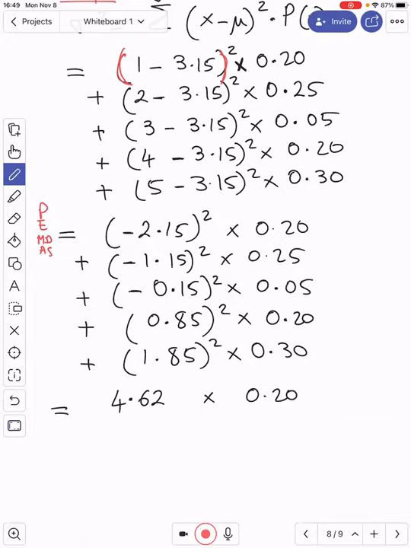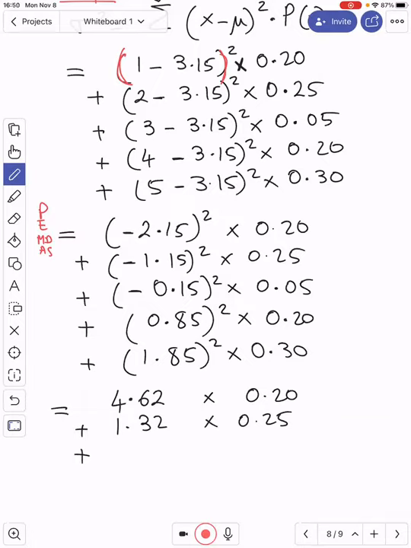It's positive, of course, positive 4.62 plus, and then this negative 1.15 squared, of course, that'll be equal to positive 1.32, let's say, times 0.25, etc.